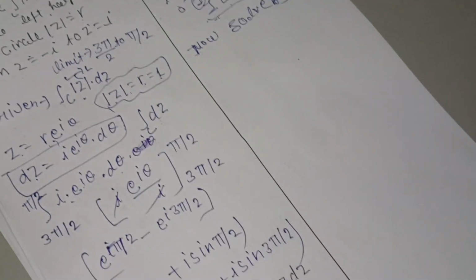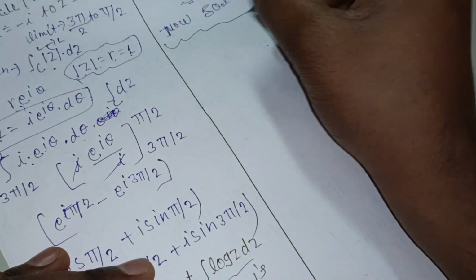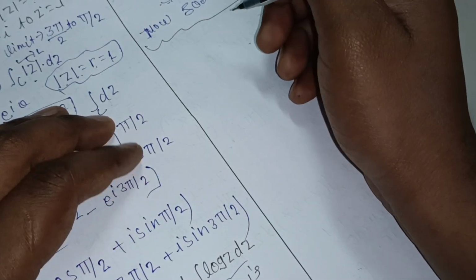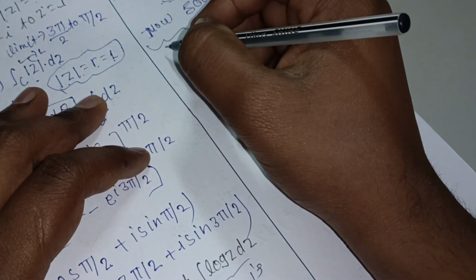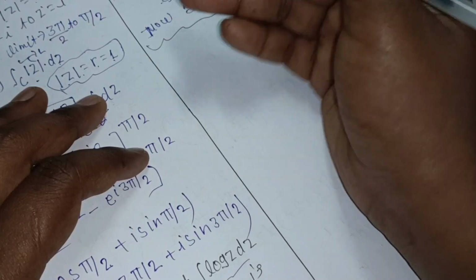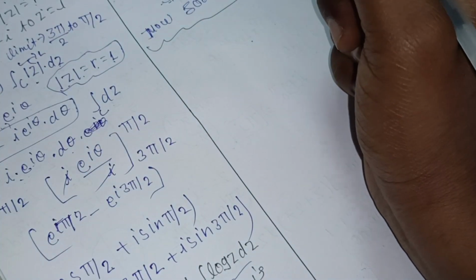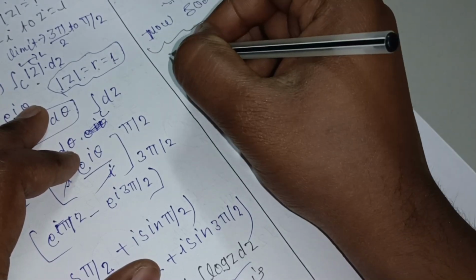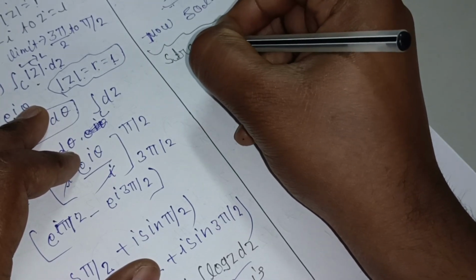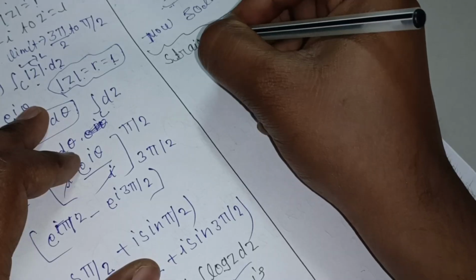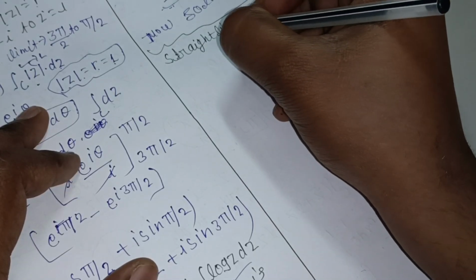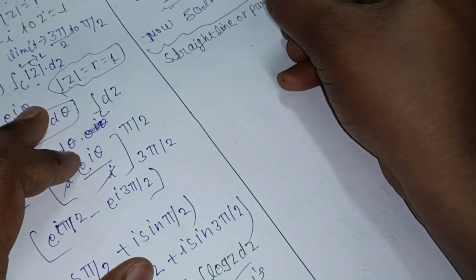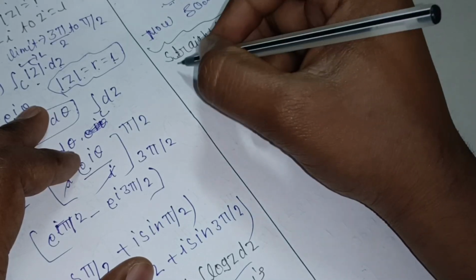Now we are moving forward. Suppose we are given questions on parabola, hyperbola, ellipse, you have all heard of them. The heading should be straight line or parabola.